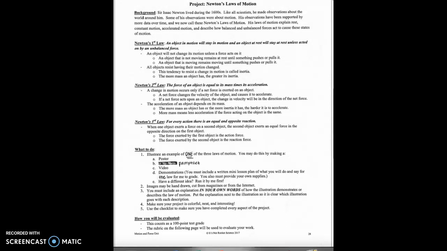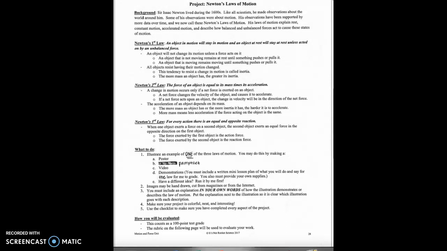Now, if you have demonstrations, you need some way of getting out the information other than just by word. So if you're going to do a demonstration, let's say you chose Newton's third law of motion and you want to kick a soccer ball in the classroom, I'm fine with that, but you need to maybe have a PowerPoint with at least one slide that discusses or shows a video about the force and the information behind kicking a soccer ball.